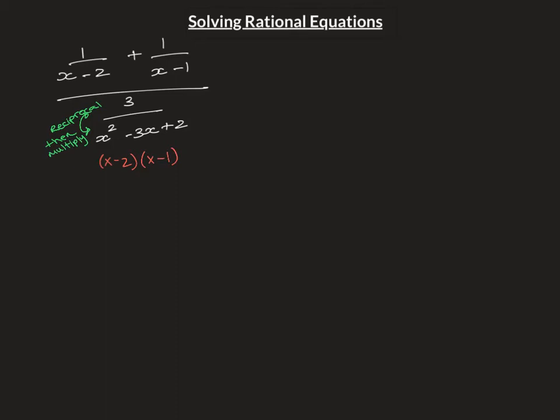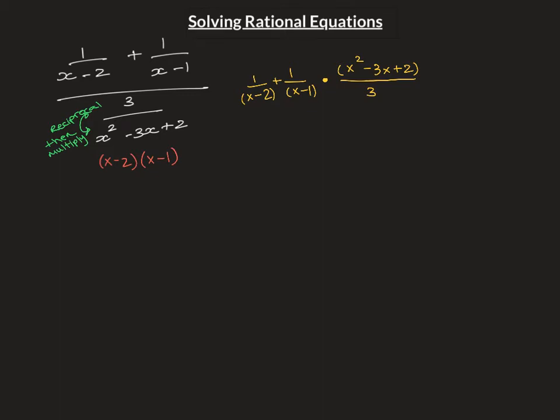We have 1 over x minus 2 plus 1 over x minus 1, multiplied by x squared minus 3x plus 2 over 3.